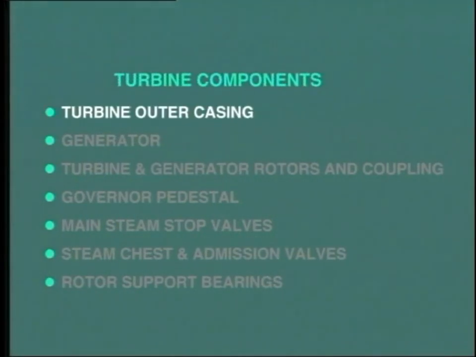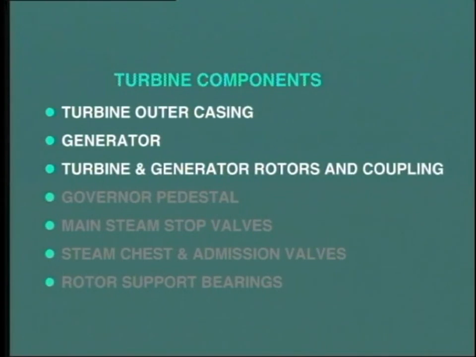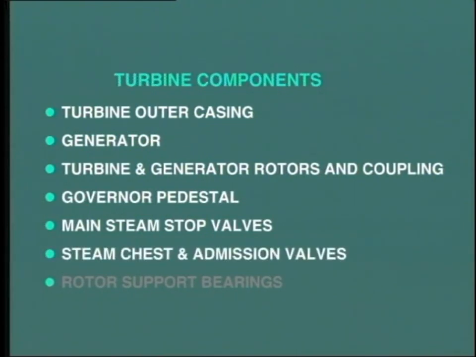Make sure that you know where the following components are located on your particular turbines: the turbine outer casing, the generator, the turbine rotor, the generator rotor and the associated coupling, the governor pedestal, the main steam stop valves, the steam chest and associated admission valves or control valves, and the location of bearings which support the turbine rotor.